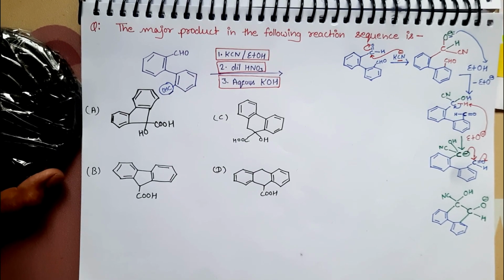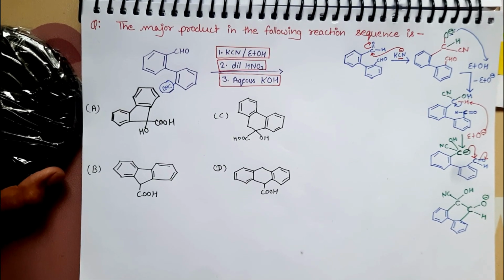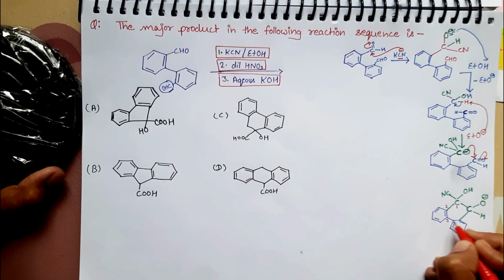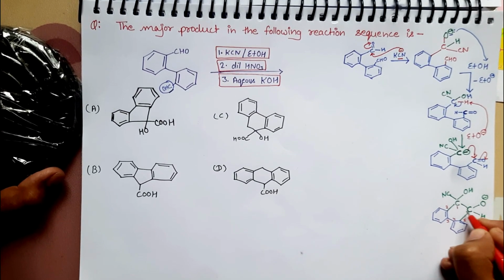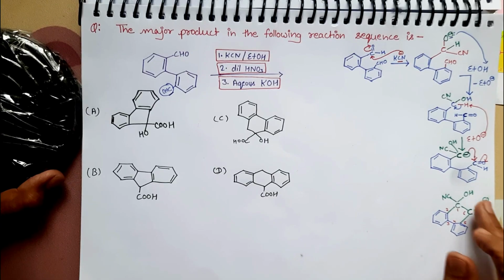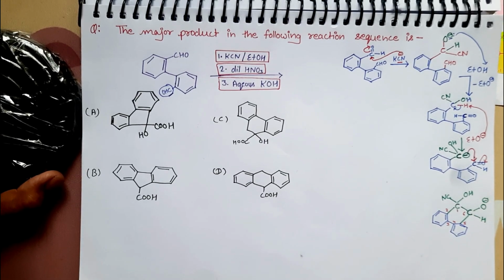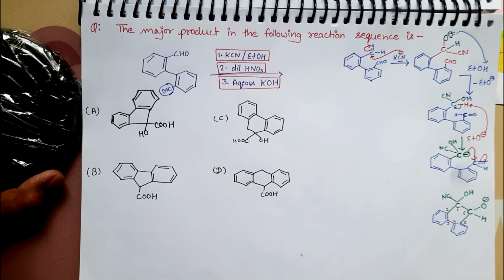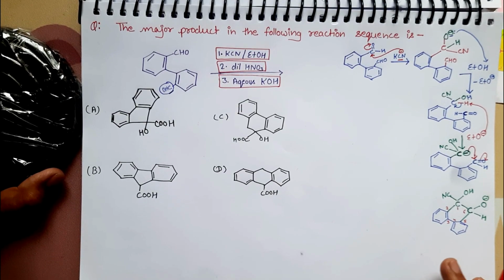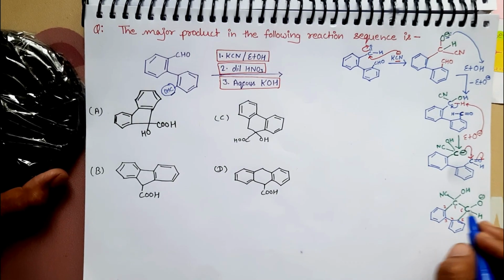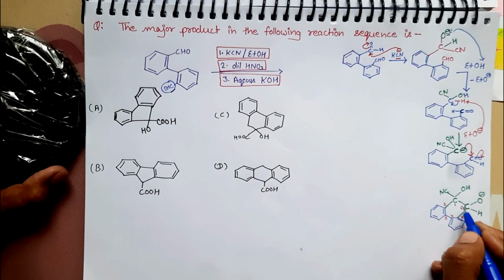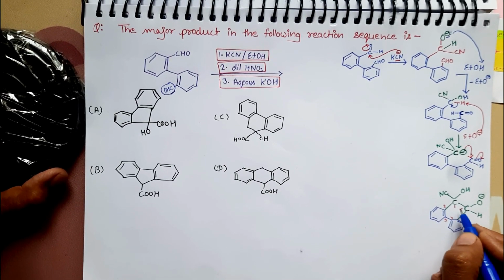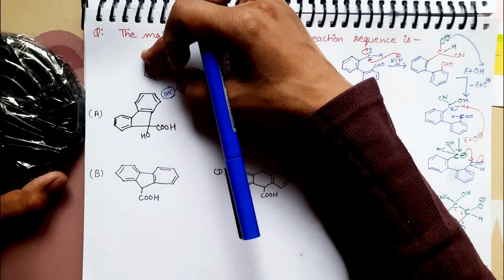So what do we get? 1, 2, 3, 4, 5, 6. Here we get a 6-member ring as an intermediate, formed between these two phenyl rings.